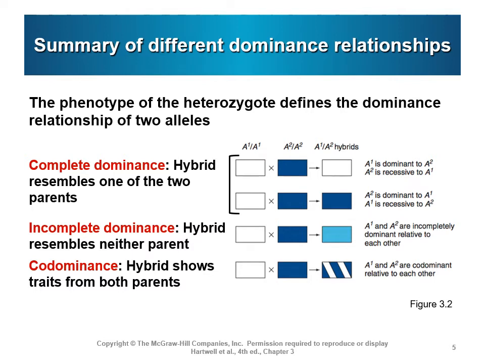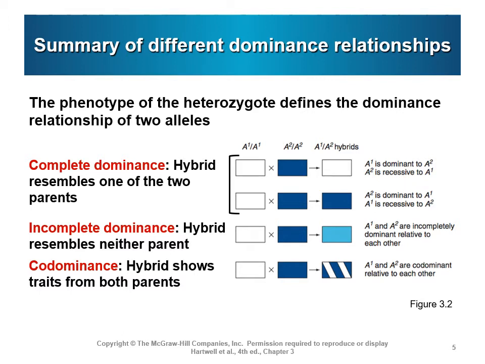Now let's visualize complete, incomplete, and codominance. In the case of complete dominance, the hybrid resembles one of the two parents. What does it mean?